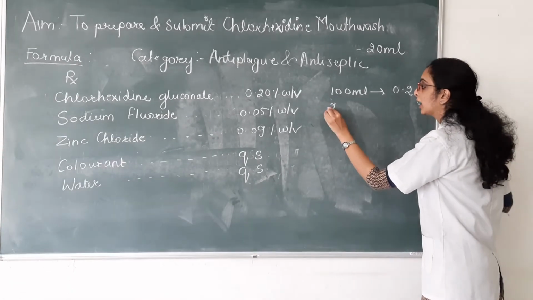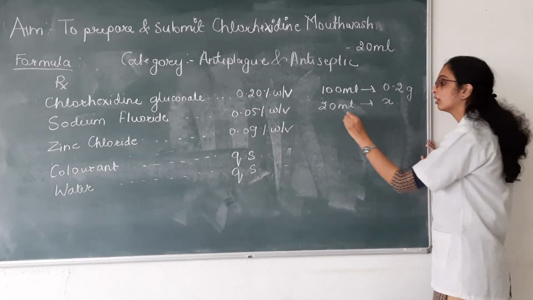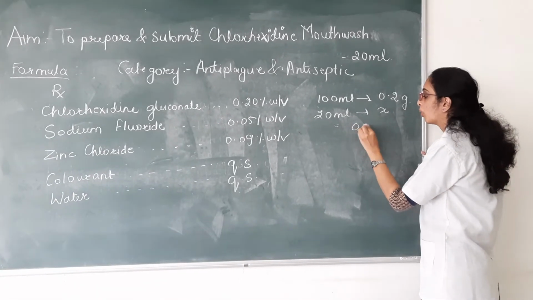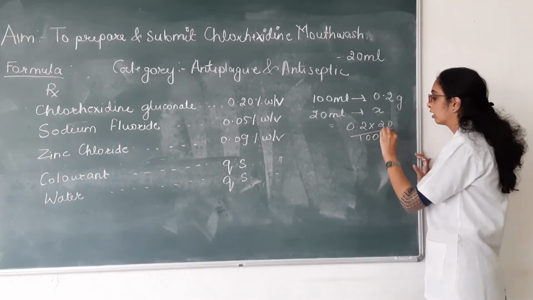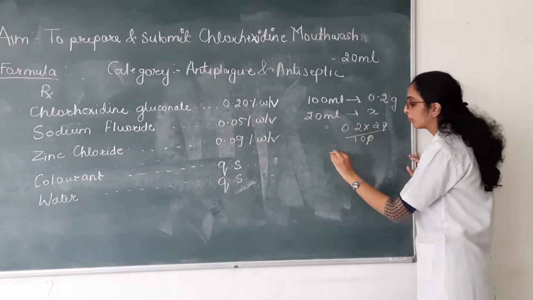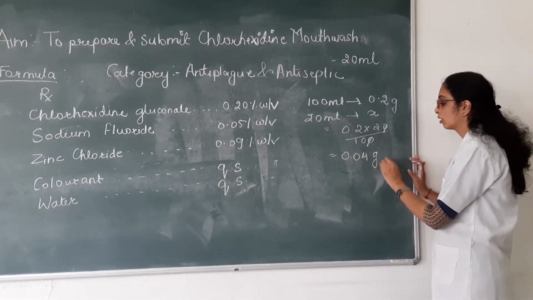So for 20 ml of the preparation, how much quantity is required? That will be 0.2 into 20 divided by 100, so that becomes 0.04 gram.